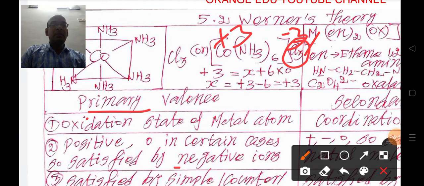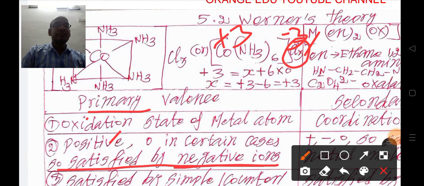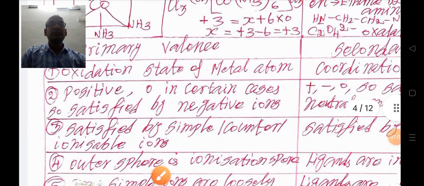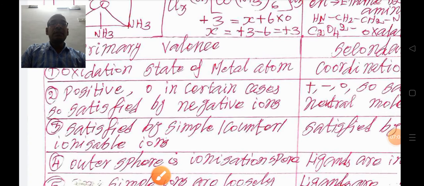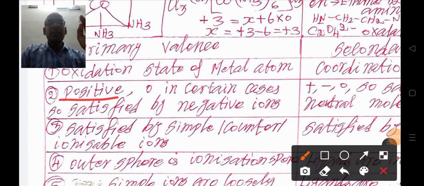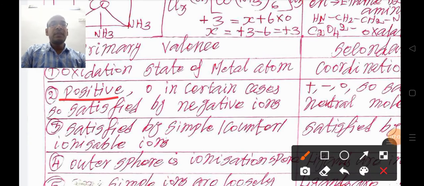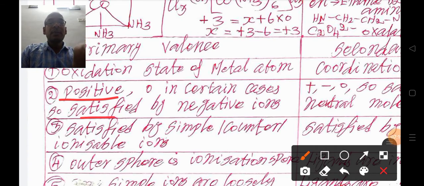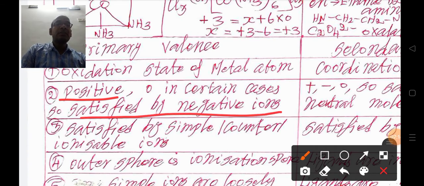The primary valency is satisfied by the negative ions. In this example, the 3 Cl negative ions satisfy the oxidation state. The oxidation state is +3, that is positive, satisfied by the negative ions, which are 3 Cl.